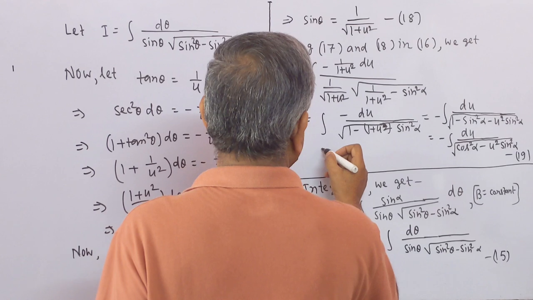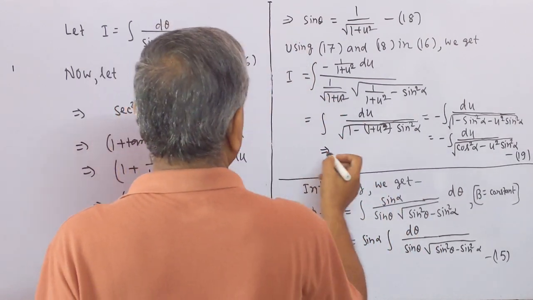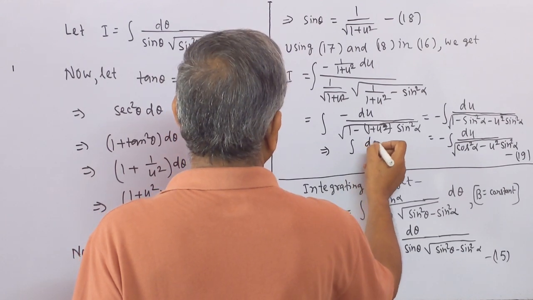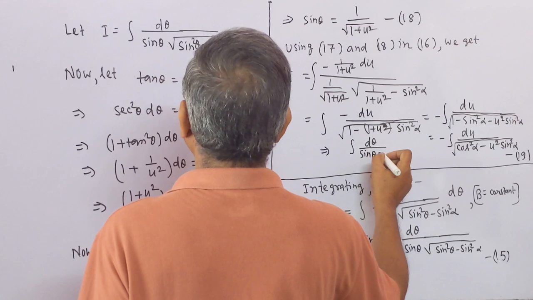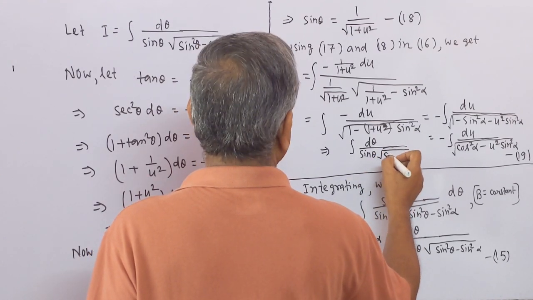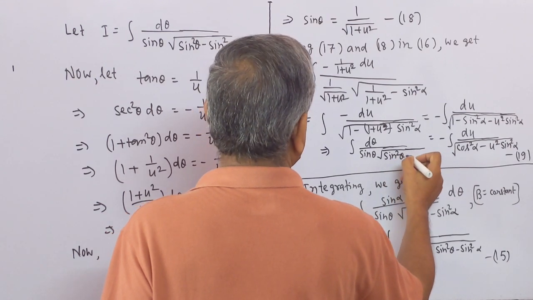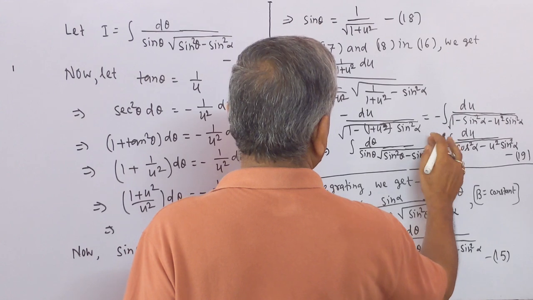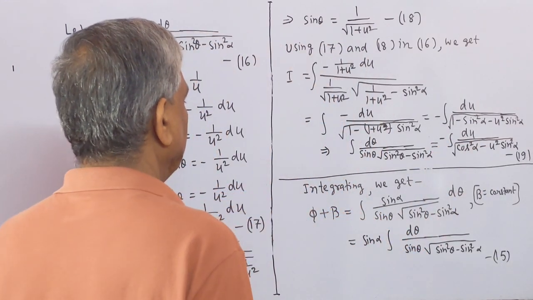We may write the left side I, that is the integration of d theta by sin theta square root of sin square theta minus sin square alpha, and this is equal to this quantity. This is 19.